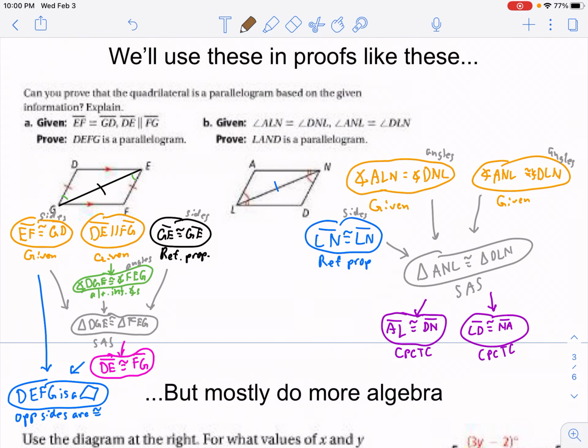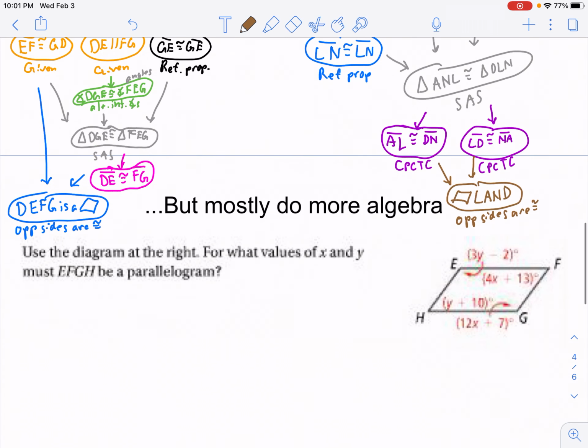And then together, that tells us that LAND is a parallelogram, because once again, the opposite sides are congruent. Now, as you've seen, mostly though, we're going to do more algebra.